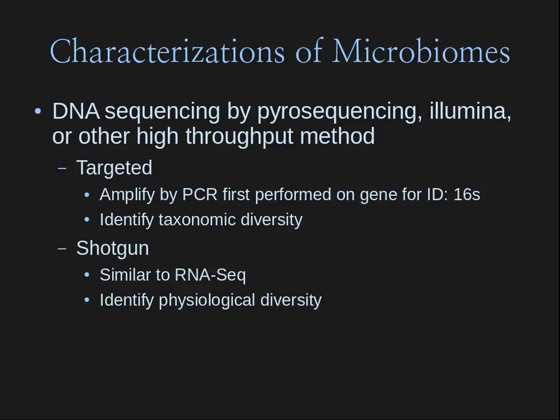The point of this is not taxonomic diversity. You can get taxonomic diversity from this if you really want it, but you have to collect incredibly larger data sets. What you can get from this is physiological diversity, which in some ways is much more interesting and much more useful for studying how this works with the entire organism than just a big data set of what kinds or clades of bacteria are in there.